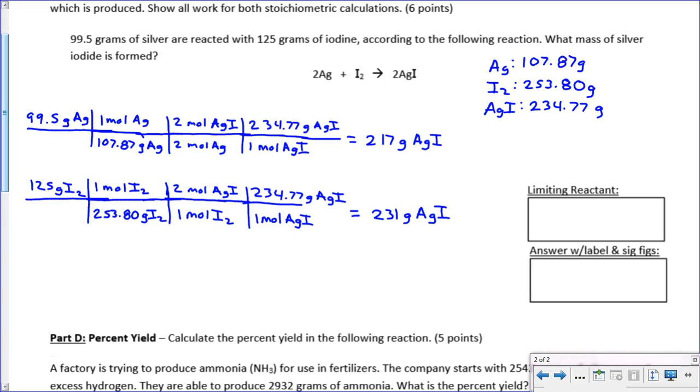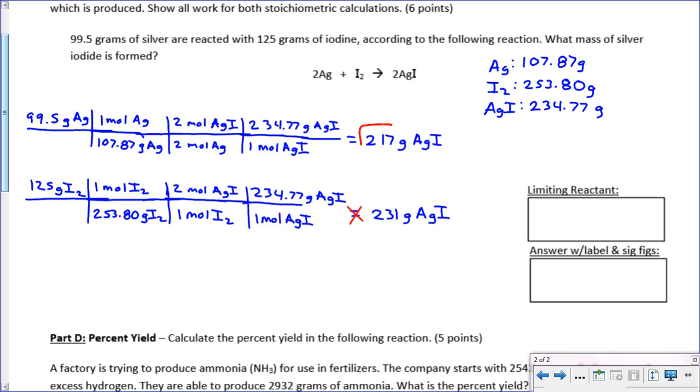All right, and so we have to think about this and what it means in terms of limiting reactants. What this says is we have enough silver to make 217 grams of AgI. We have enough iodine to make 231 grams of AgI. And so what happens here is we actually end up running out of silver first, which means that this 231 never happens.